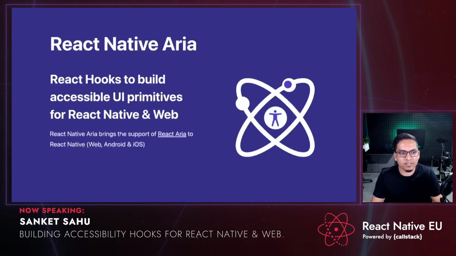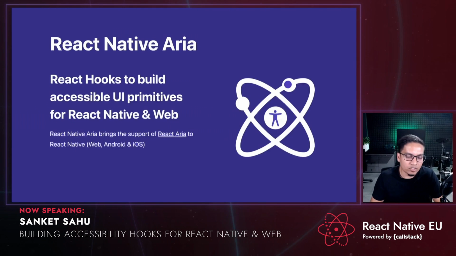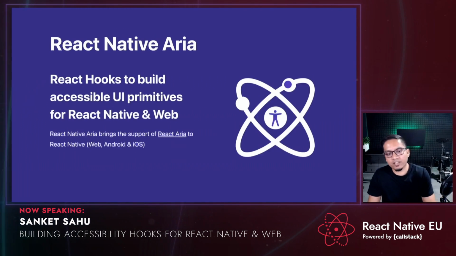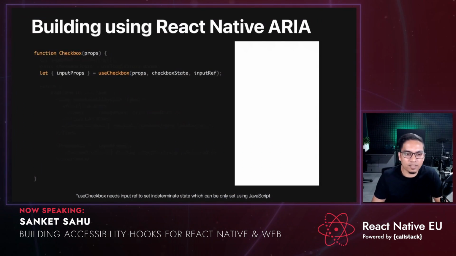So React Native Aria is a set of React hooks to build accessible UI primitives for React Native and web. So very similar thing, but it works for React Native, and with the help of React Native Web, it works on all the platforms. So here's another example.